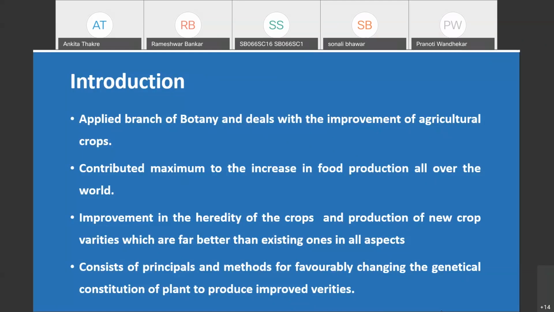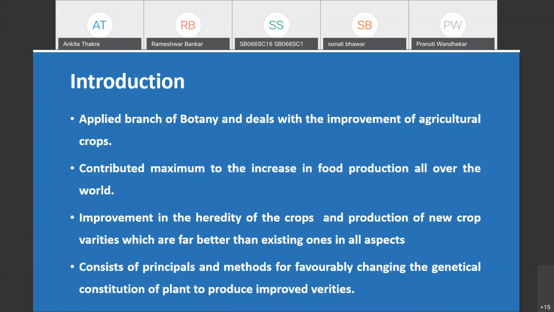Plant breeding cannot be defined as such, but considering its different aspects, aims and objectives, we can say plant breeding is the applied botany that mainly deals with the improvement of agricultural crops, the improvement in the heredity of agricultural crops and the production of new crop varieties far better than the existing ones.